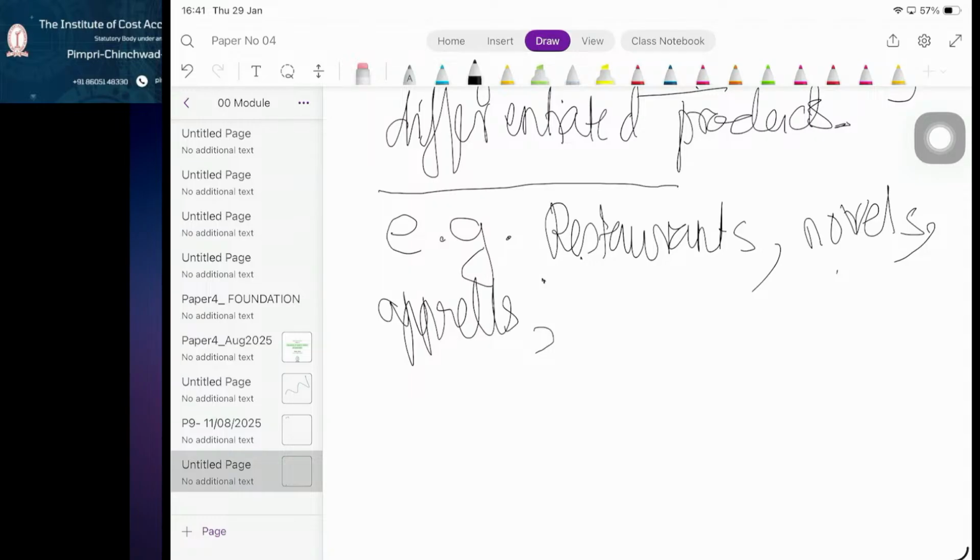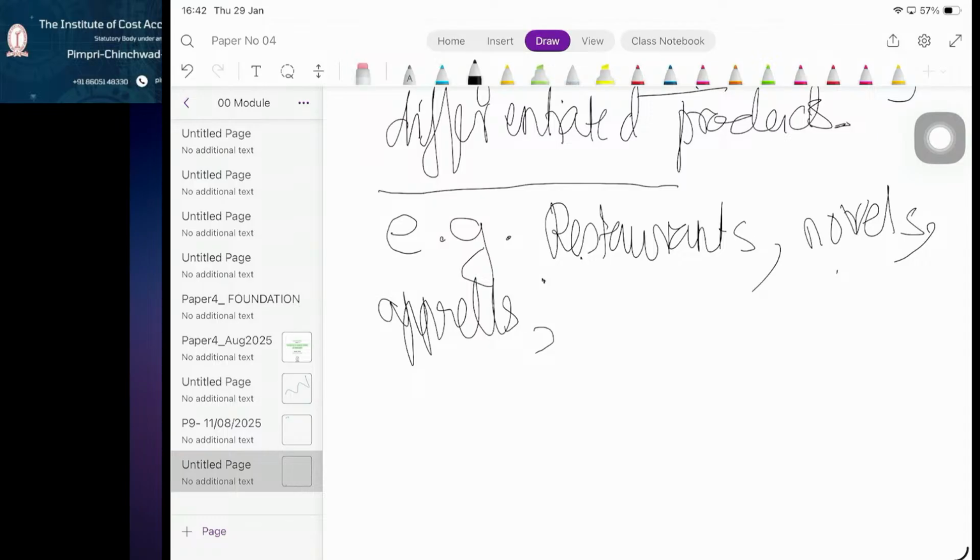They advertise that they never use any synthetic chemicals in their food products. They are always hygienic, and they have been running that business for 50-60 years now, so they have maintained credibility. That is called product differentiation.